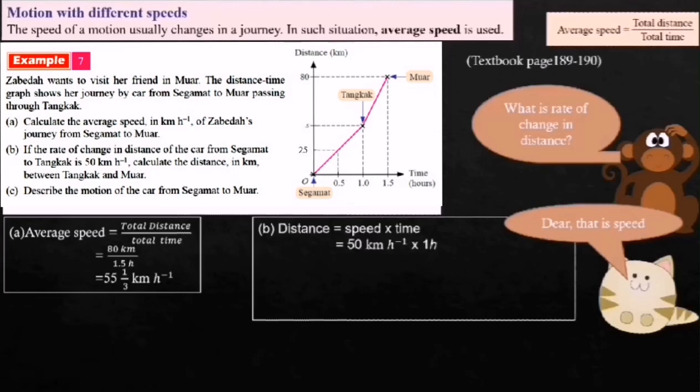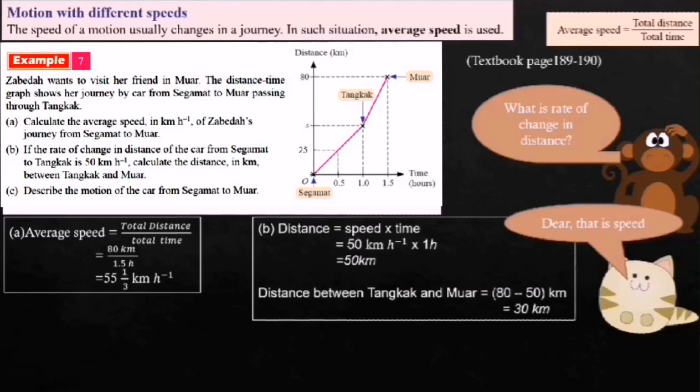Distance is equals to 50 km per hour times 1 hour equals 50 km. So here S equal to 50. The question asks the distance between Tangkak and Muar. So Muar is here, Tangkak is here. So that's why we need to minus. So distance between Tangkak and Muar equal to 80 minus 50 km equals 30 km.